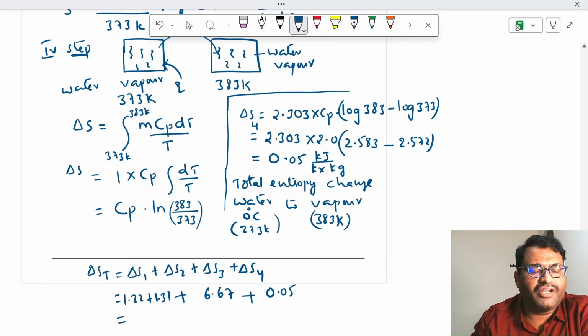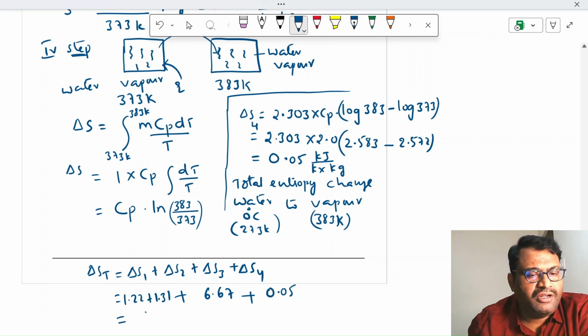So totally if you calculate this, you'll get 9.26 kilojoule per kg per Kelvin.